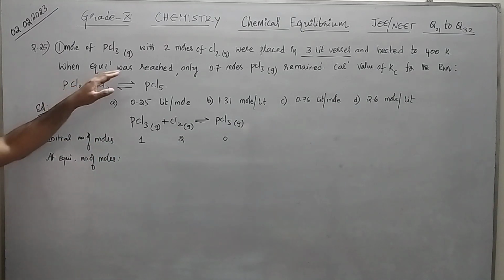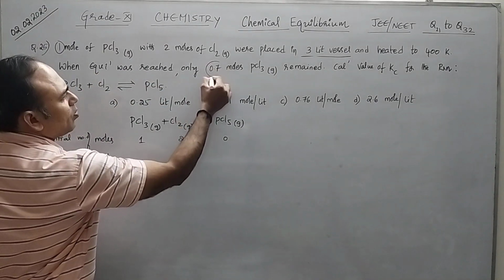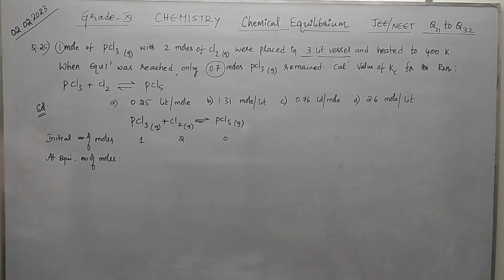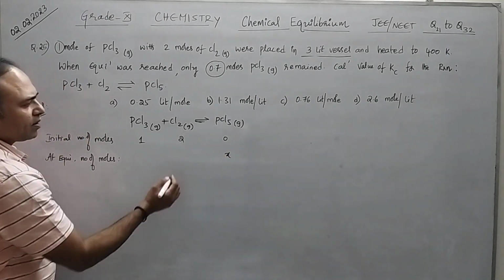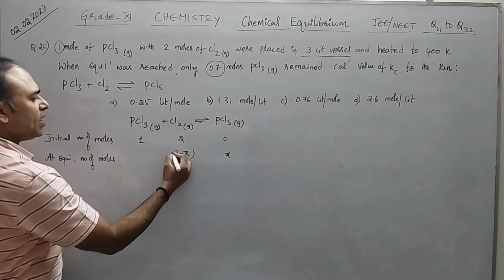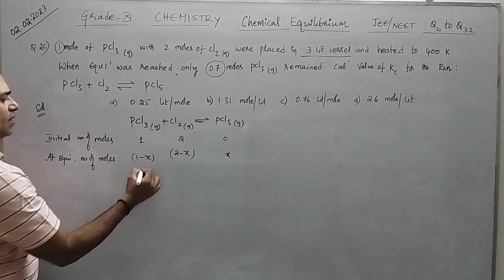What they have given? They have given that in the equilibrium 0.7 moles of PCl3 was remained. Fine. So now if it is remained, you know the values here: x, 2 minus x, and 1 minus x.